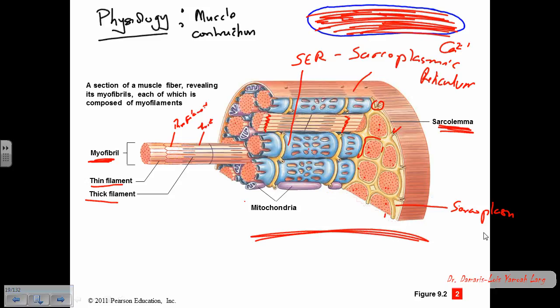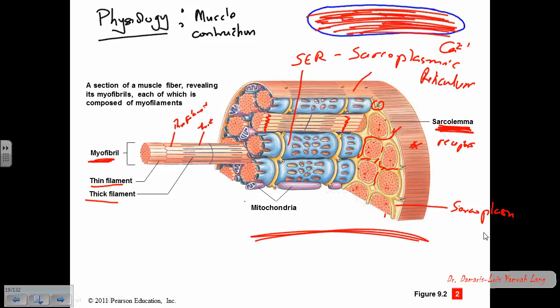So the importance of the T-tubules, which are the extensions from the plasma membrane, is that when there is stimulation, remember, cell membranes have receptors, right? So when the receptor gets stimulated, the impulse can travel through the T-tubules and have access to the filaments of the myofibrils to bring about contraction.